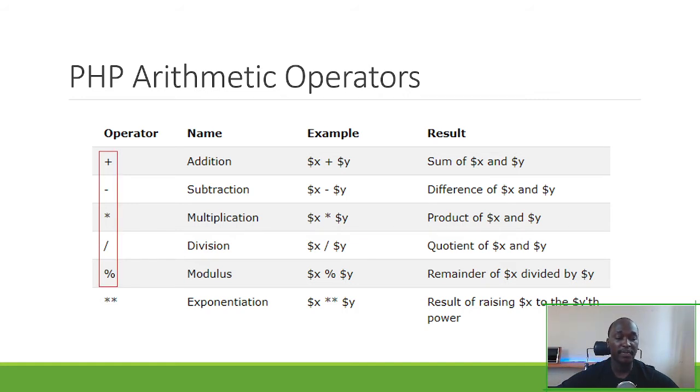It gives the remainder after division. For example, 5 divided by 2 is going to be 2 remainder 1, so if you use modulus, you're going to get the answer 1. And you have exponentiation. Read more about it when you have time.